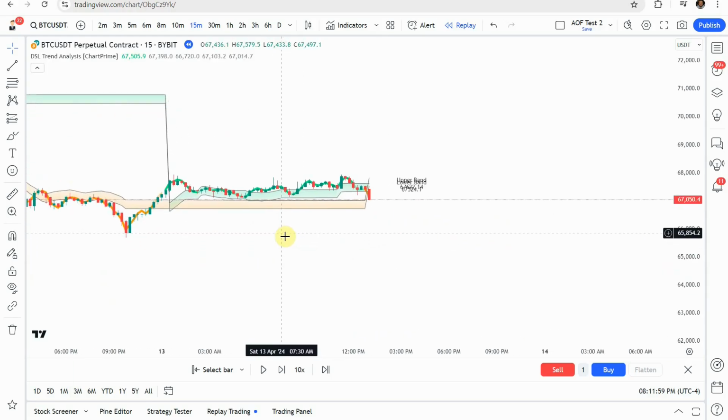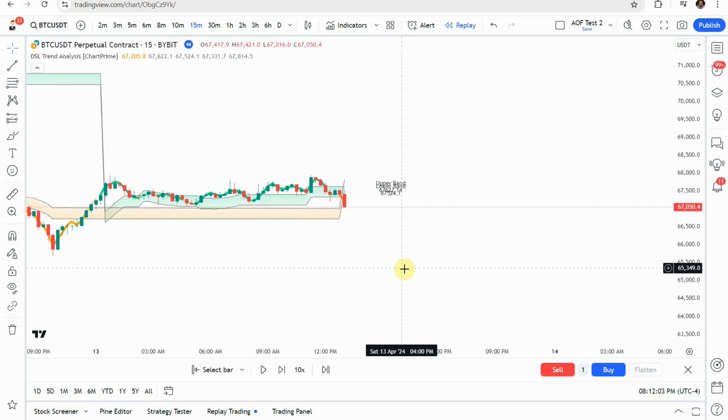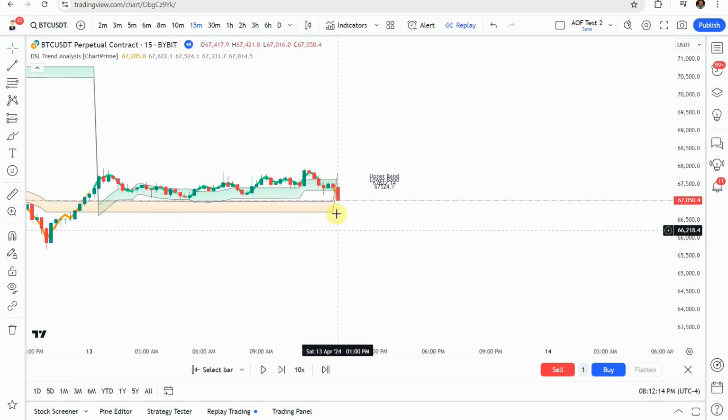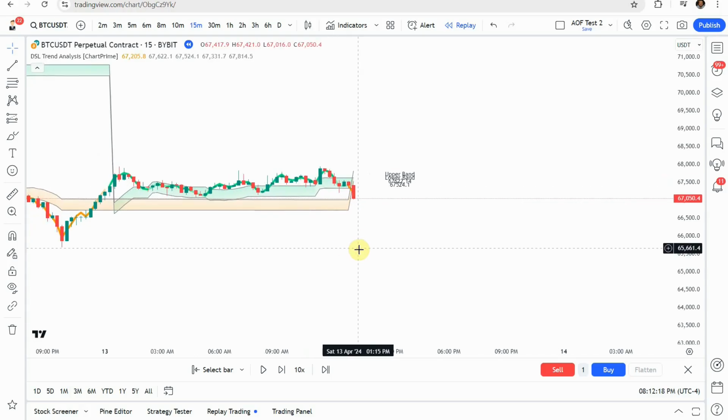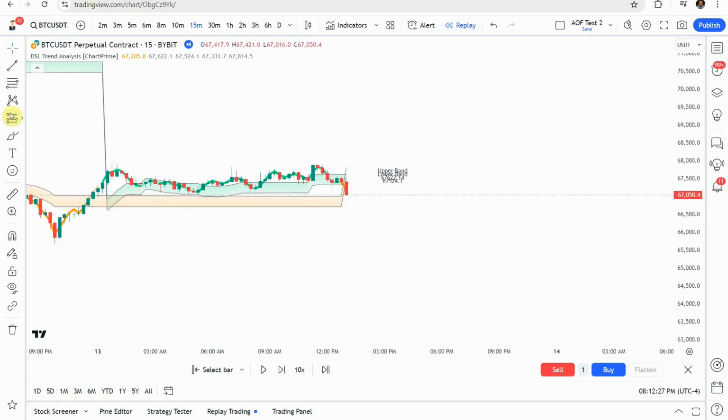And so for a short trade, according to the source video, what we would look for is for price to be trading below the green or teal zone, and then for it to then cross down below the tan zone. And so you can see it kind of achieves both those right here on this candle. You can see the green zone is up here, the tan zone then jumps to above price action right here. And so that would be the signal to then enter into a short.